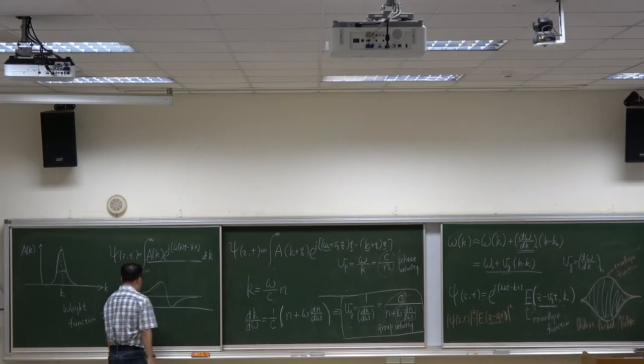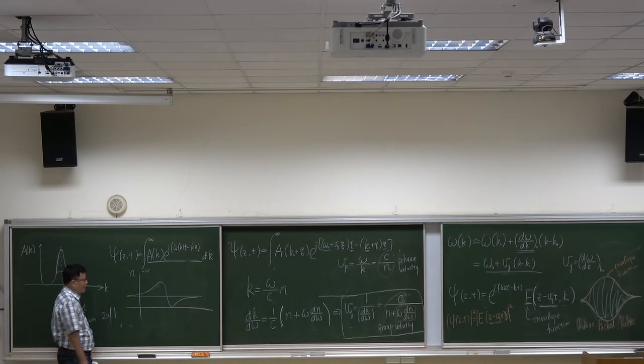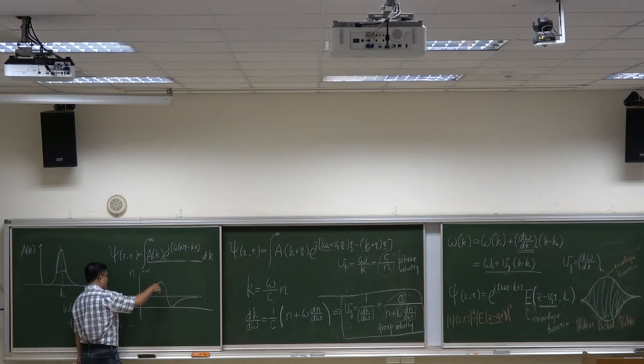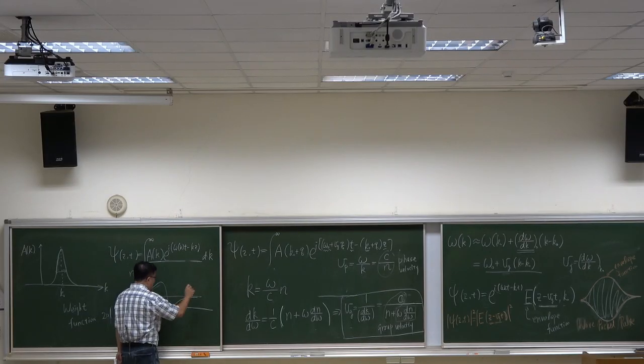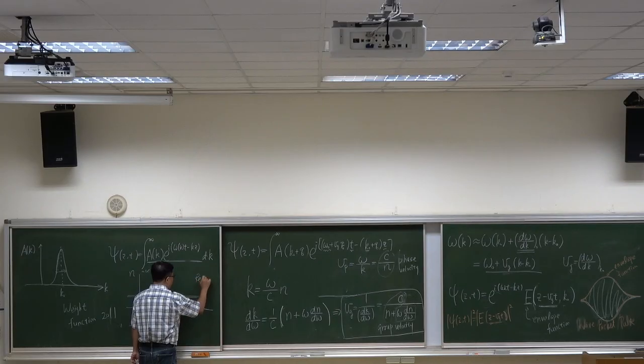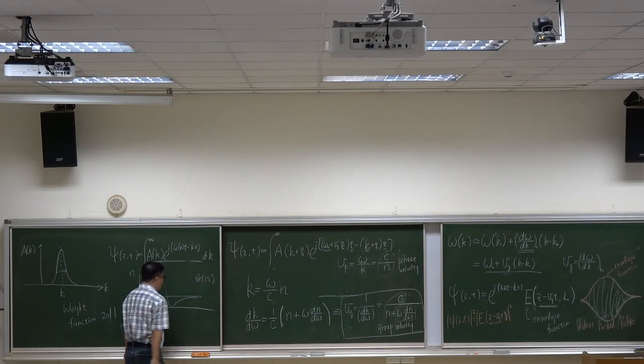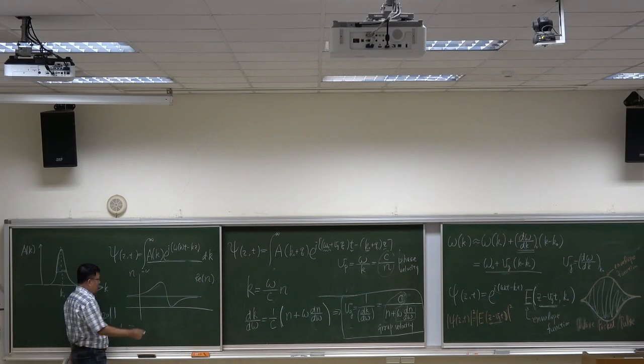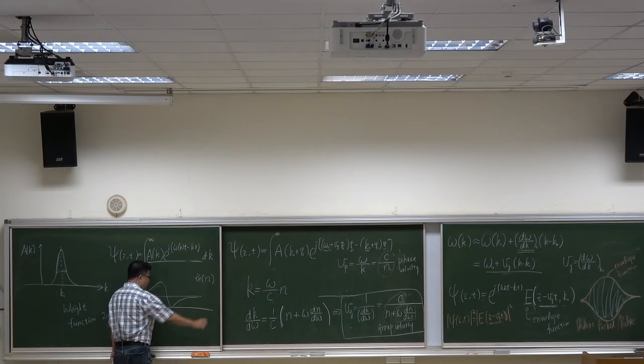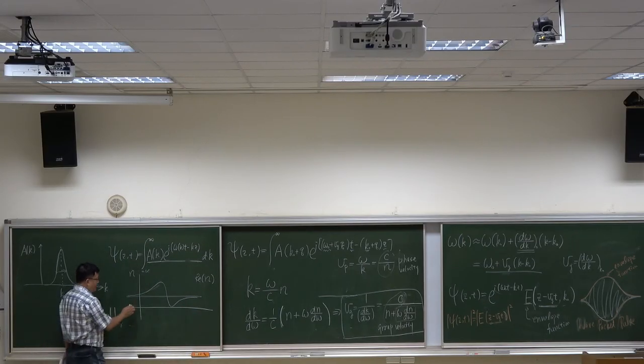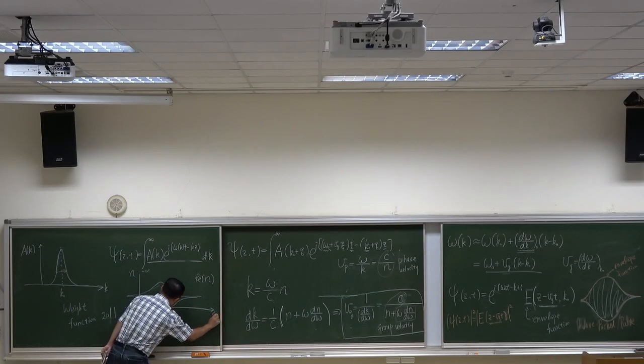the shape of the real part of the refractive index usually has this shape. So this is omega.